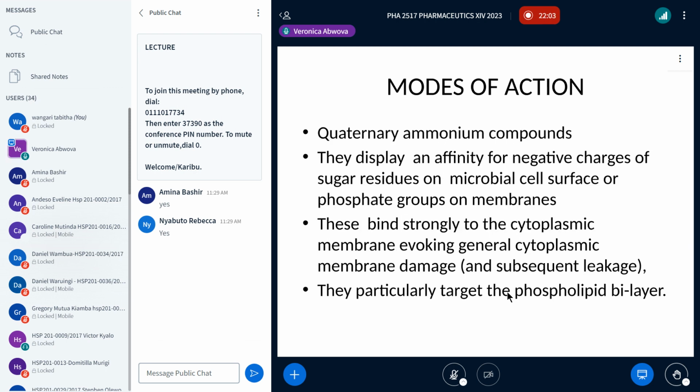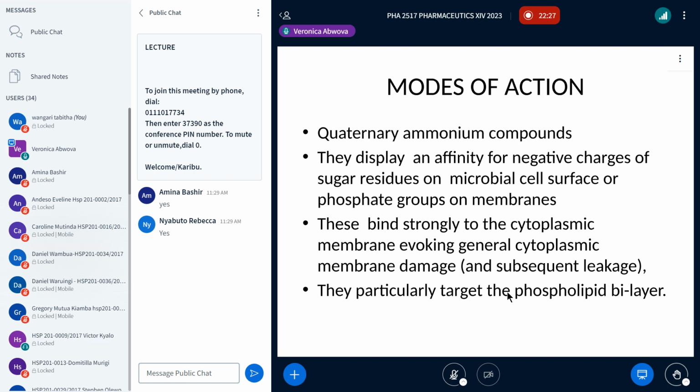Then we have the quaternary ammonium compounds. They display an affinity for negative charges of the sugar residues on microbial cell surface or phosphate groups on membranes. This will bind strongly to the cytoplasmic membrane, leading to general cytoplasmic membrane damage and subsequent leakage. So again, remember what we said.